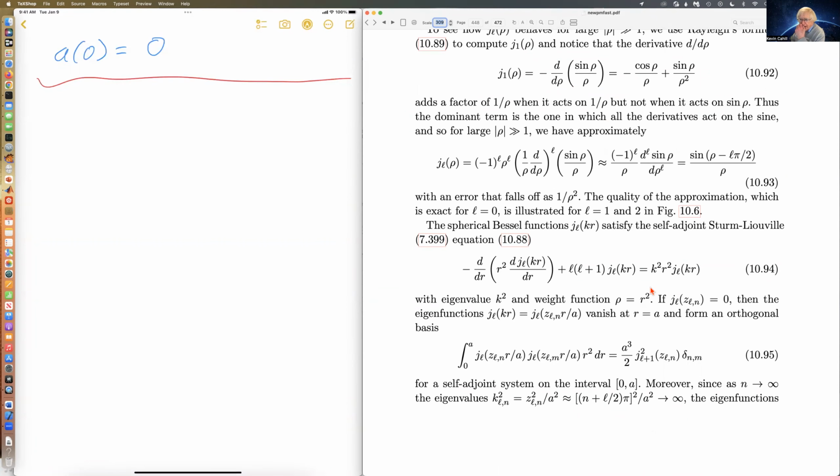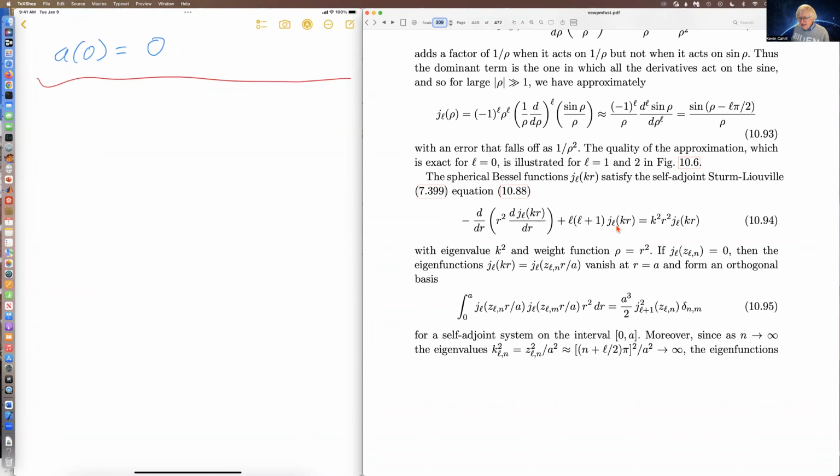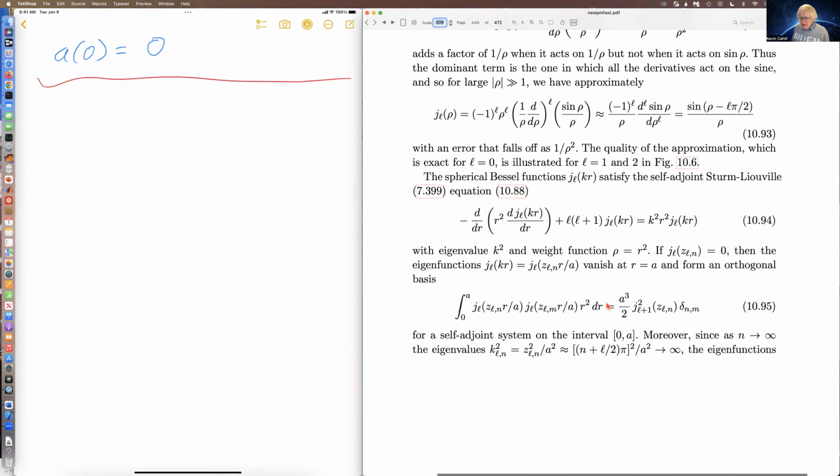So what else? The spherical Bessel functions satisfy, as I said before, this self-adjoint differential equation. You get then the orthogonality. They're orthogonal then. What you've got here is two different things: an l, and then a k squared here.